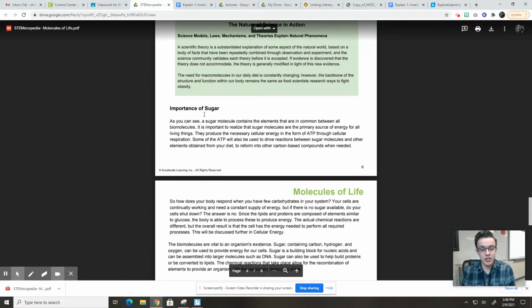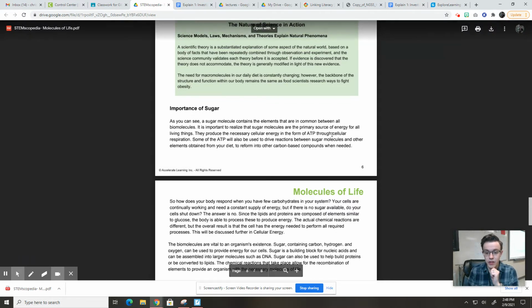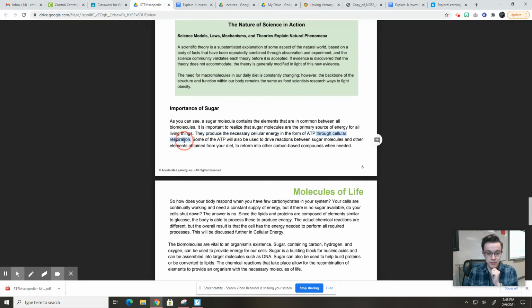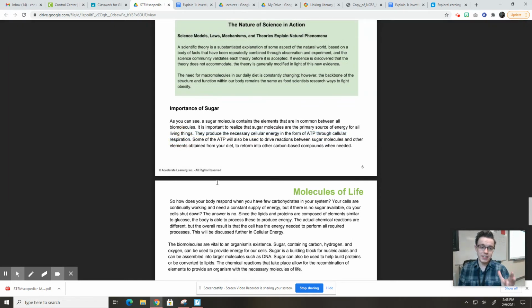And then this section here, which you're probably really going to want to focus on today, is all about the importance of sugar and this process called cellular respiration. Cellular respiration is what your CER is about today, and it's this process where we use glucose molecules, sugar molecules, to make energy for our body, which in your body, the form of energy, we call it ATP.